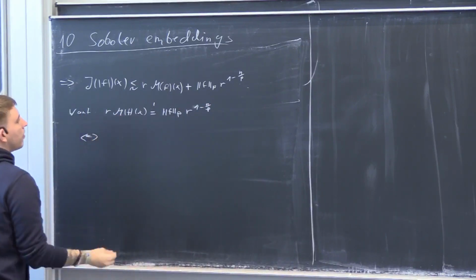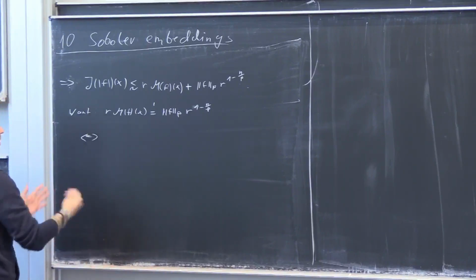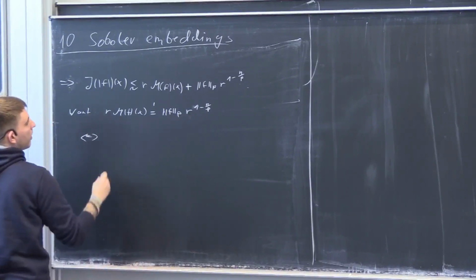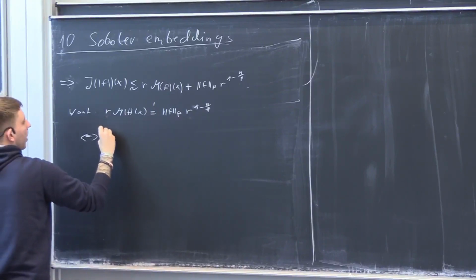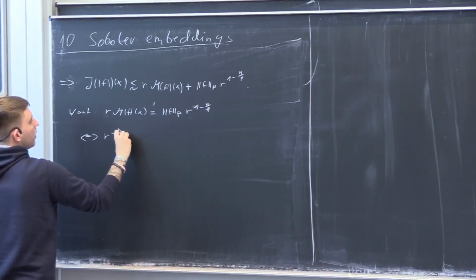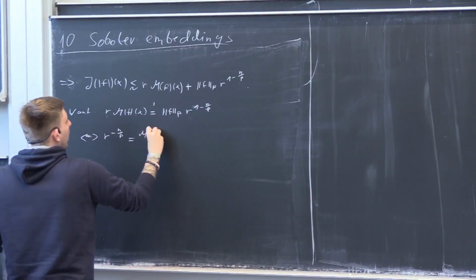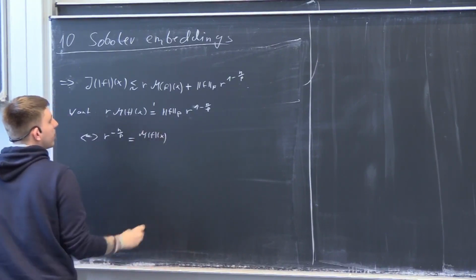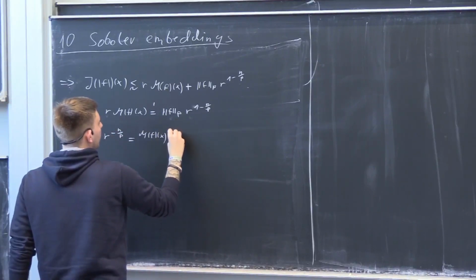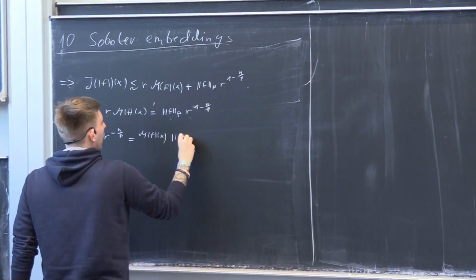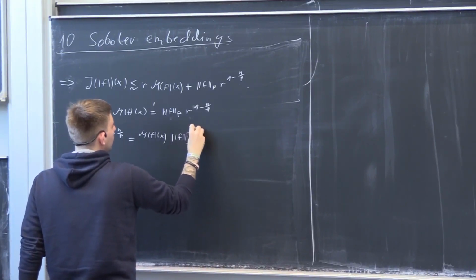This is equivalent to, so first of all, I sort R to one side and the rest to the other side. So this minus this R gives me R to the minus N over P is equal to MF of X, and then this I have to bring to the other side, gives me F in P norm to the minus 1.